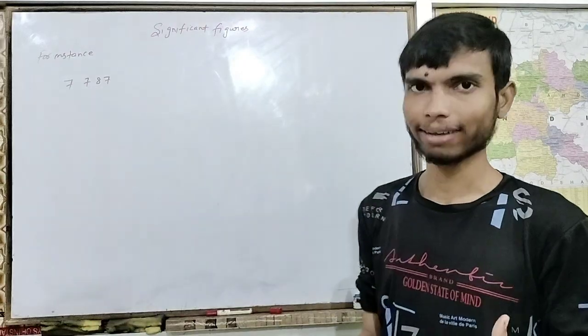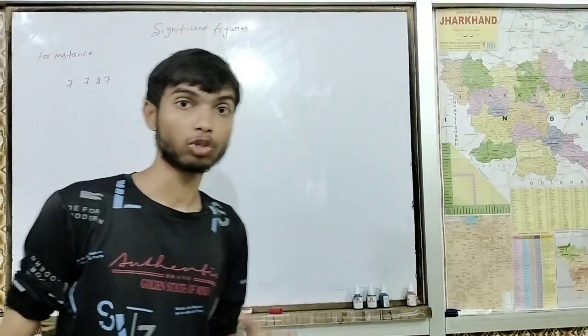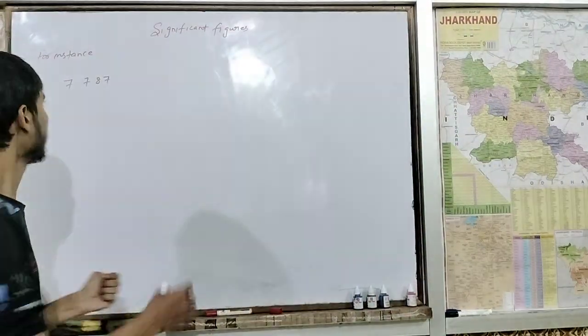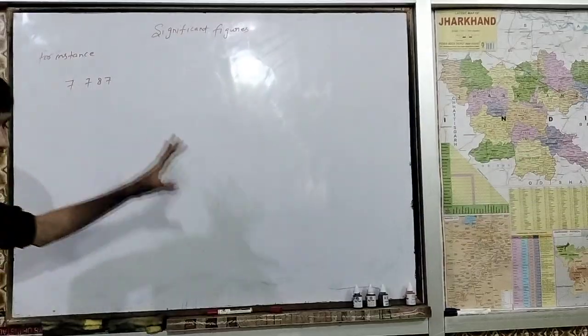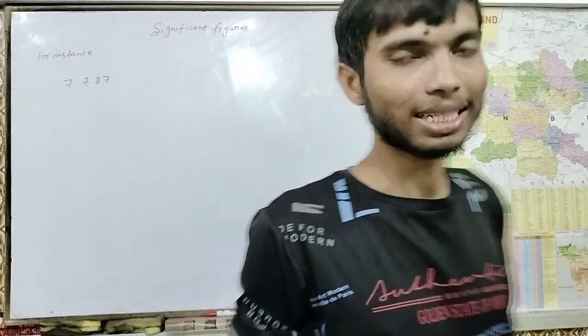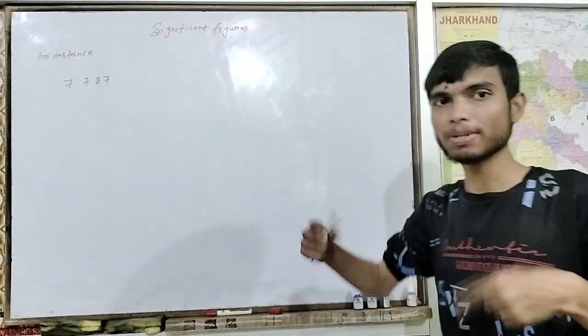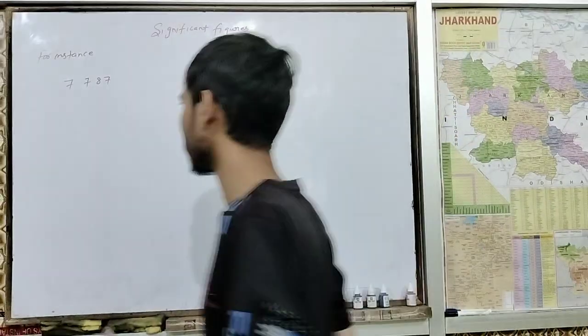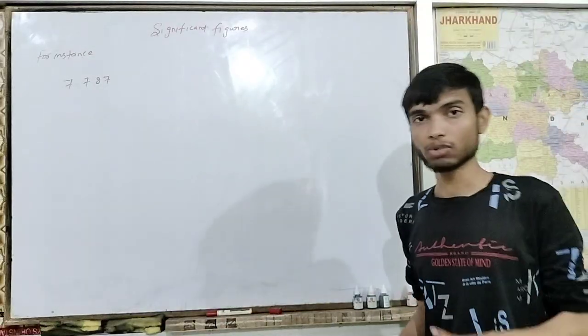If you don't have zero in your number, all the digits in this number will be significant. So there are 4 significant numbers.